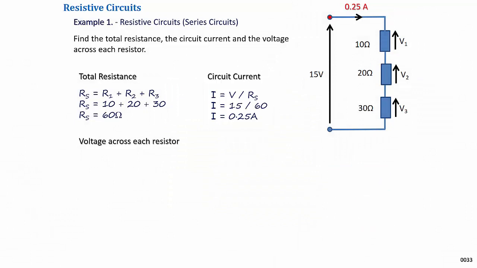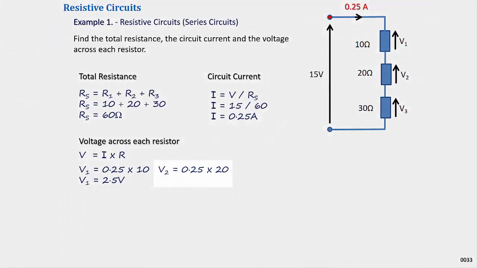To find the voltage across each of the resistors. Since the resistors are all in series, they all have the same current flowing through them, so we can use Ohm's law to find the voltage in each case. Substituting the values, V1 equals 0.25 times 10, which equals 2.5 volts.